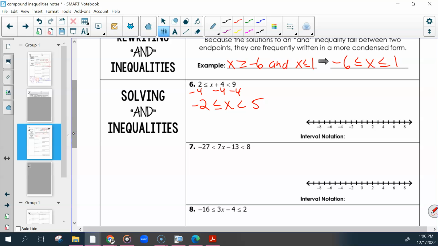So you could start off by just graphing this. Start at negative 2, that would be closed. It ends at 5, but that would be open. And connect the line between them. If you still wanted to see where they overlap, you would do 2 different things. Look at just the last part. X is less than 5. Graph that part.